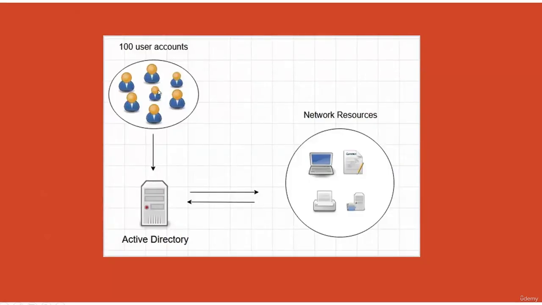There would be full control of this server, so I can do anything. Let's say I want to block this user. I can just delete his account, or maybe disable this user account. When the user tries to log in, it throws an error on the screen that your account is disabled.